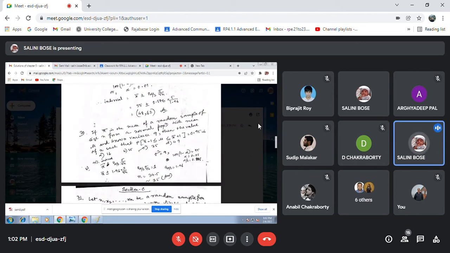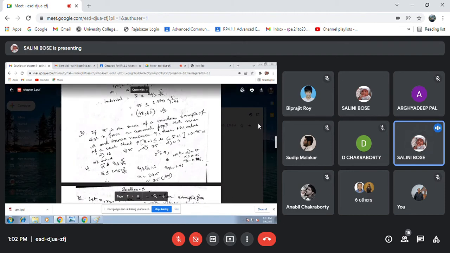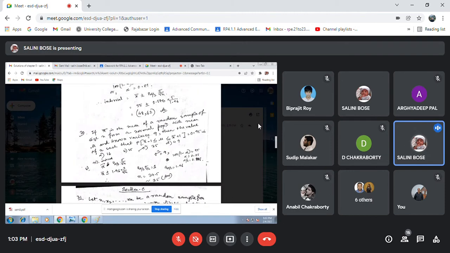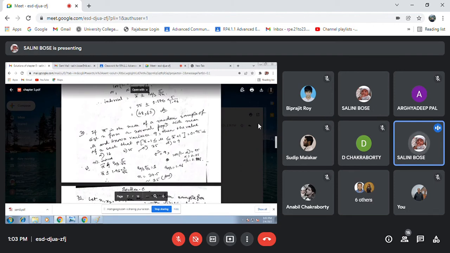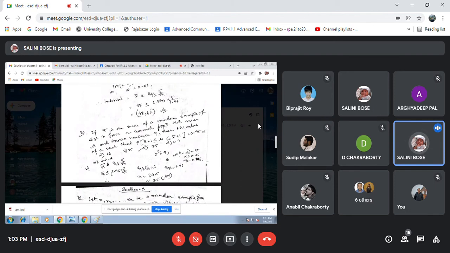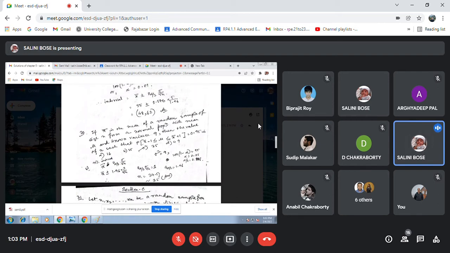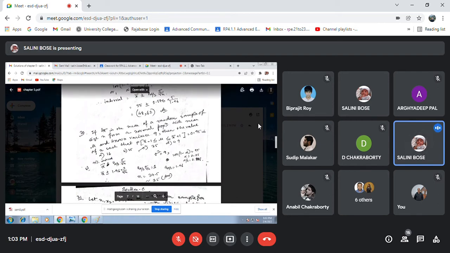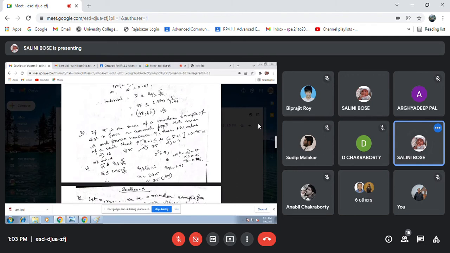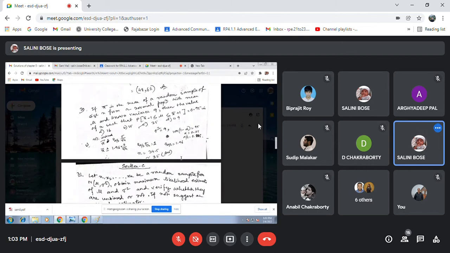Another question is here, just see: if X bar is the mean of a random sample of size n from a normal population. It is the same type, from a normal population. You know what the formula is, and whatever value they give, just put it in and find the number of samples n from the equation.